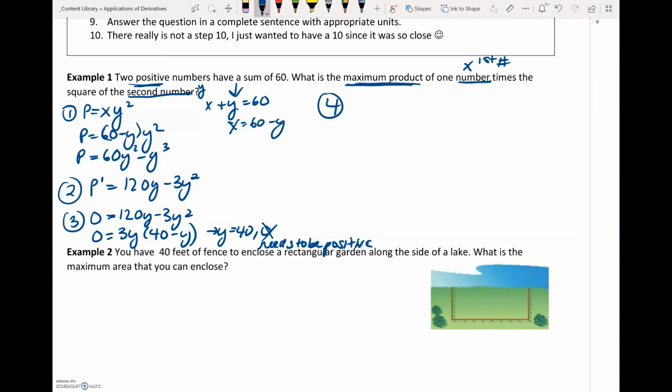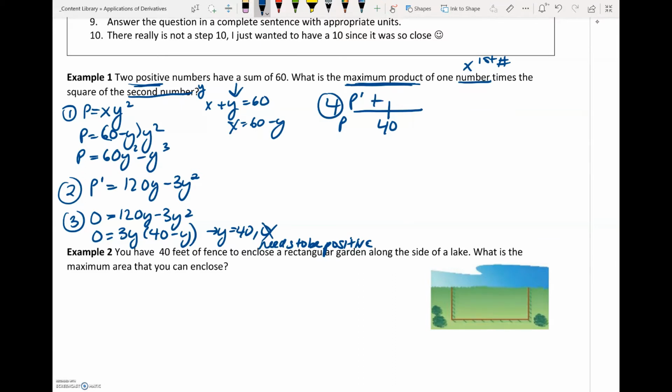In my fourth step, I'm going to confirm that y equals 40 is a maximum. So I'm going to do my number line and plug into product prime, or P prime, to see if my original product is increasing or decreasing. If I plug in, let's say, 1 into P prime, I'm going to get a positive number. That'll be 120 minus 3.